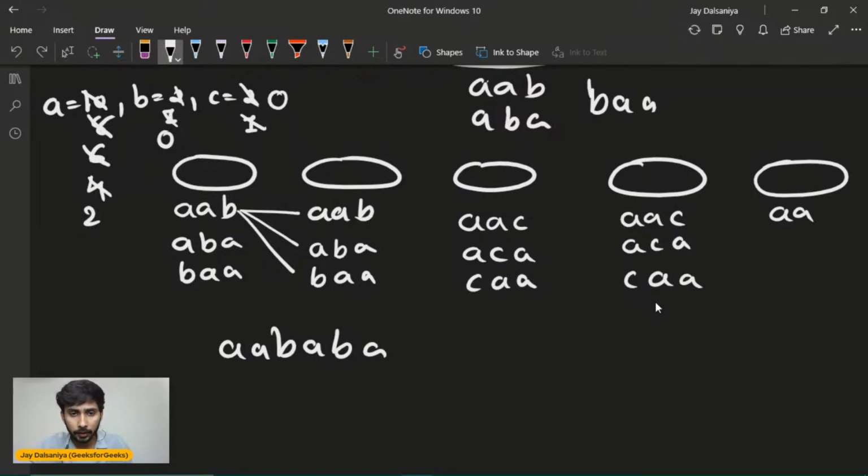Now for this arrangement, if I chose ABA, I cannot choose this one. Triple A C is not possible because this will lead to 3 consecutive of the same type. So for this arrangement, I can go for this one or this one. So I will be taking ACA. I'm showing you that not more than 2 A's. Yes, exactly.